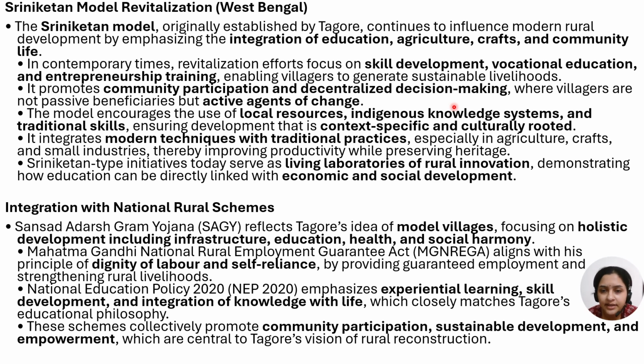That is decentralization, where villages are not passive beneficiaries but active agents of change. So this Sriniketan model encourages the use of local resources and indigenous knowledge. Indigenous means traditional knowledge systems and traditional skills, ensuring development is context specific and culturally rooted. It integrates modern techniques and traditional practices.